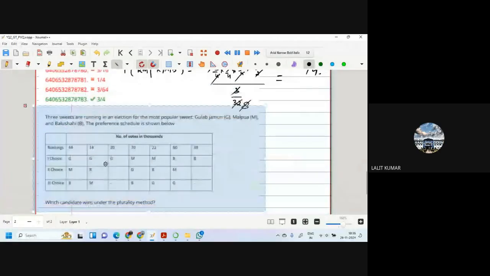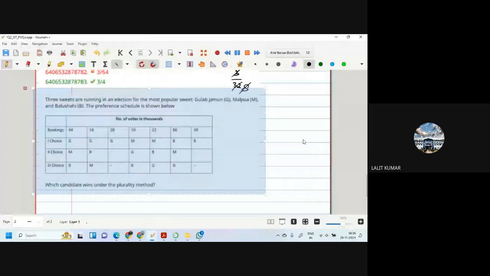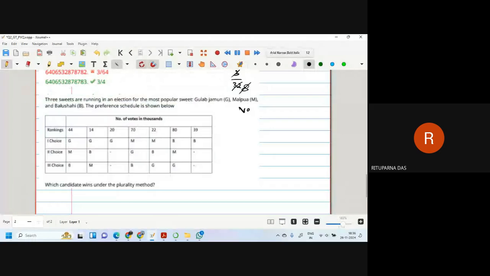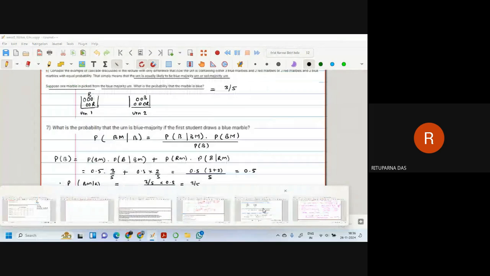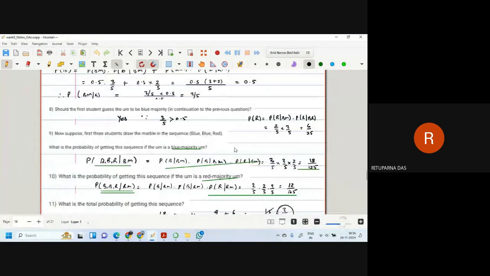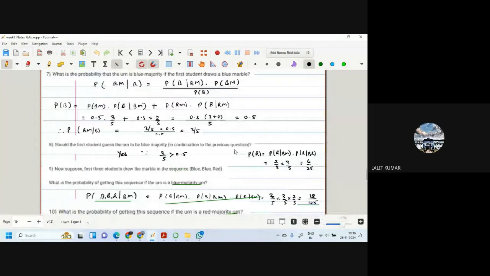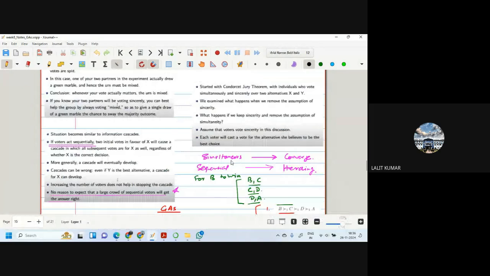There are three candidates running in an election for most popular sweet, and this is from voting. And what is the plurality method? Okay, this is from week 7, week 8. Plurality is from, I think, week 7.